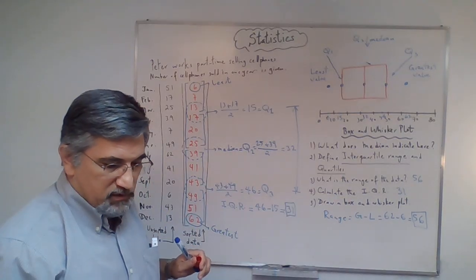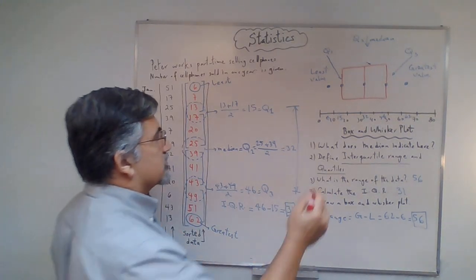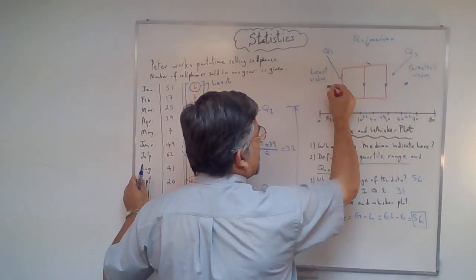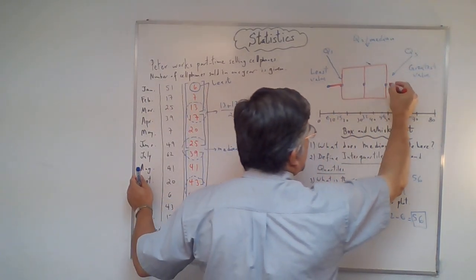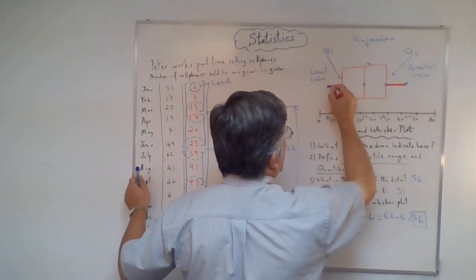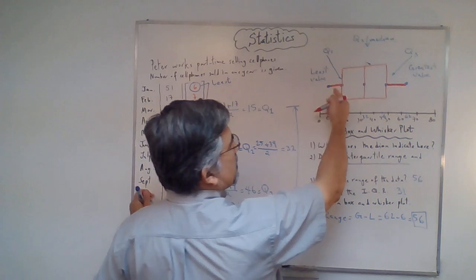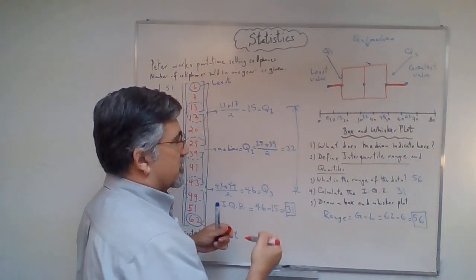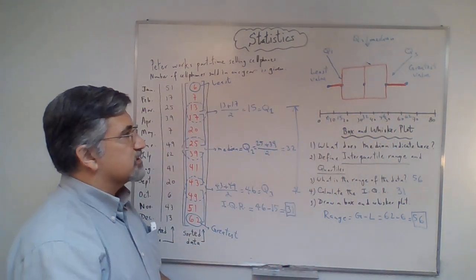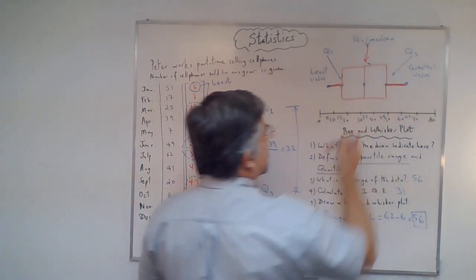So this is the box, and now I have to draw the whiskers. Whiskers are straight lines on the left and the right, the line segment. So this is box and whisker plot, okay? So Q1 is clear, Q3 is clear, Q2 is clear, that's the median. Okay, so this is the median.